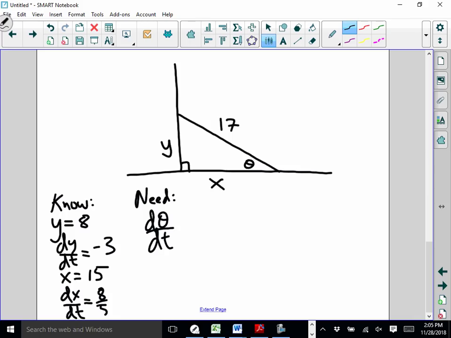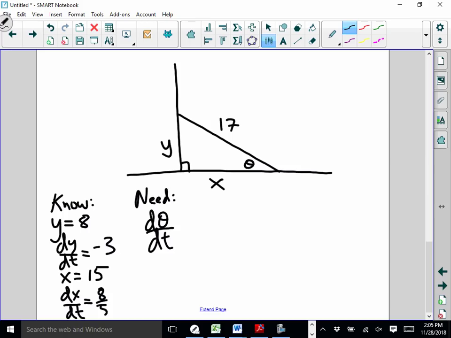I also need to figure out what equation I could use that involves theta. And if I can think of more than one, then I really want to think about which one's going to be easiest. Well, our trig functions always involve theta here. So I have a few options.